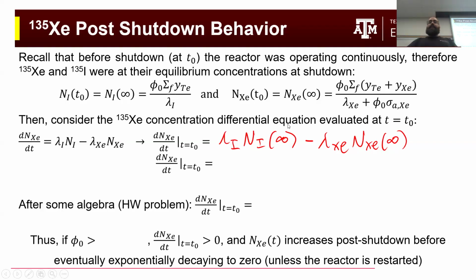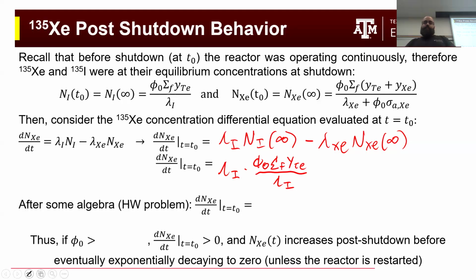And then we can sub in these definitions for the equilibrium amount of iodine and the equilibrium amount of xenon. So then this is going to look like lambda for iodine times phi 0 times sigma f times the yield of tellurium divided by the decay constant for iodine.